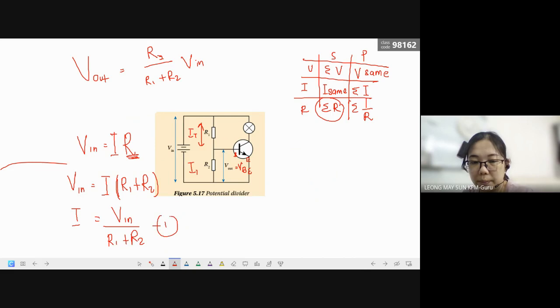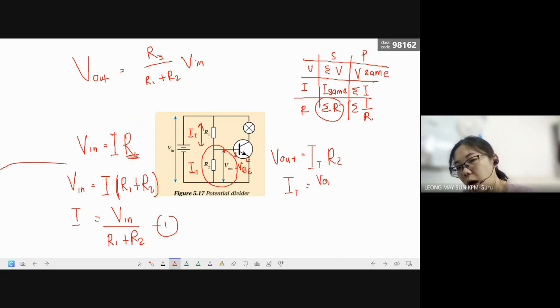This is equation 1. Then across the base, you have potential V_out. V_out is the total current multiplied by R2, so the current in the circuit is V_out over R2. Equating equation 1 with 2, you get V_out over R2 equals V_in over R1 plus R2.